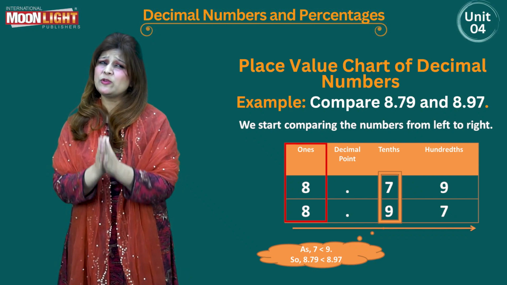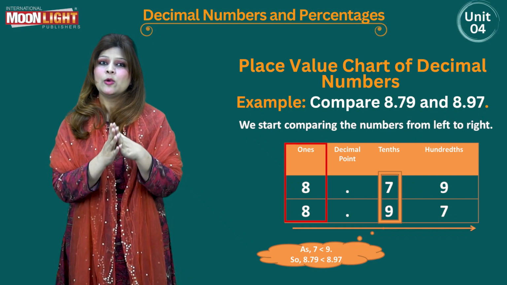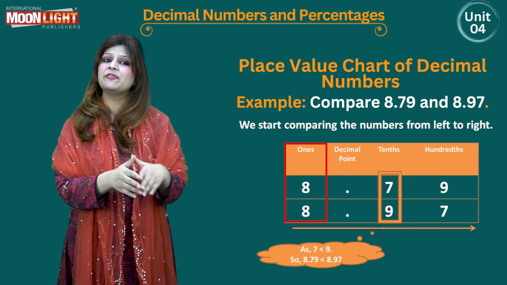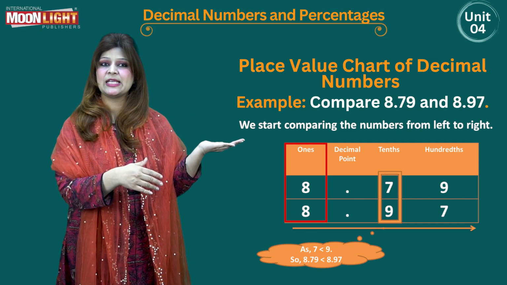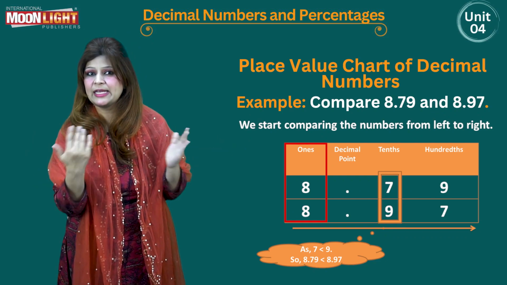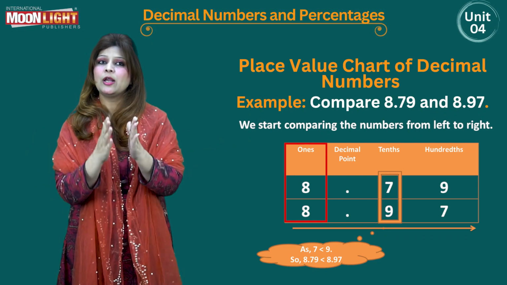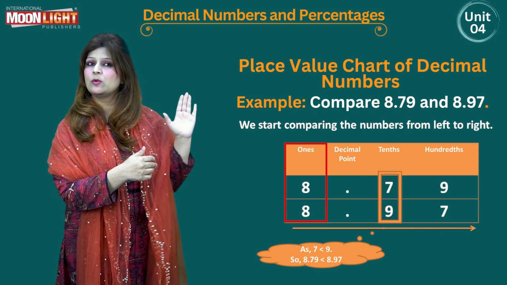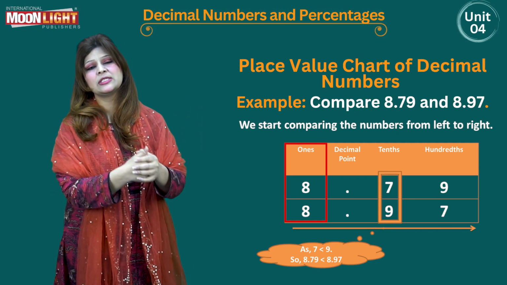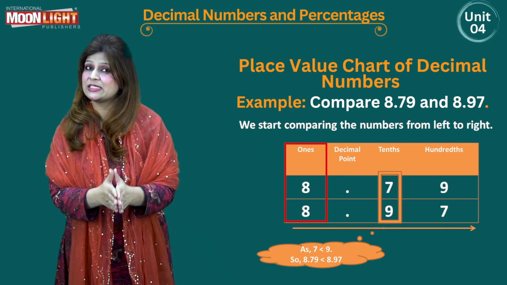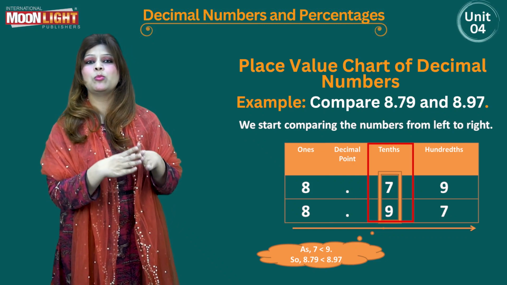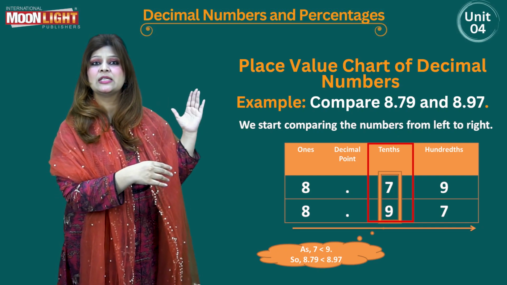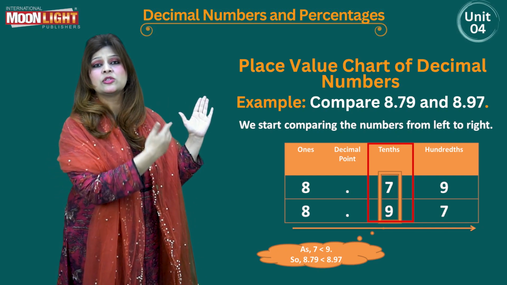As you can see, because we are going to compare the numbers starting from our left hand side to our right hand side, we focus on the ones digit first. Here the ones digit is the same, so we focus on the numbers right after the decimal point. The tenths position has 7 and 9.